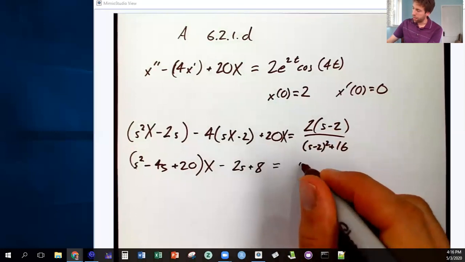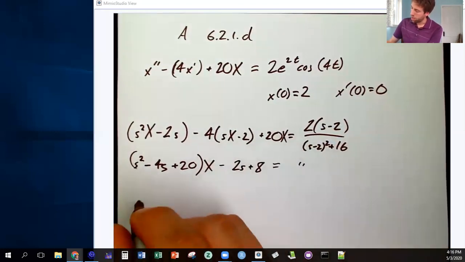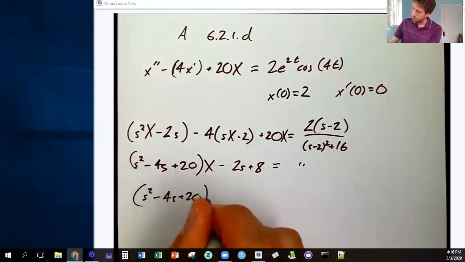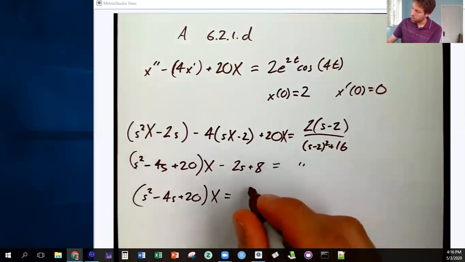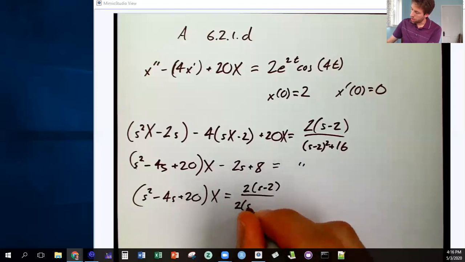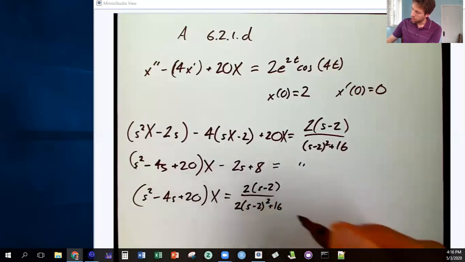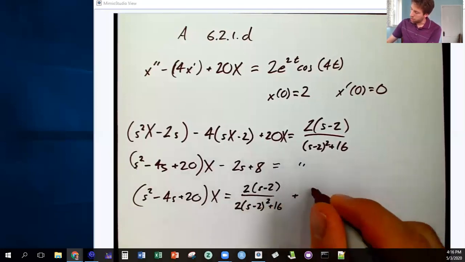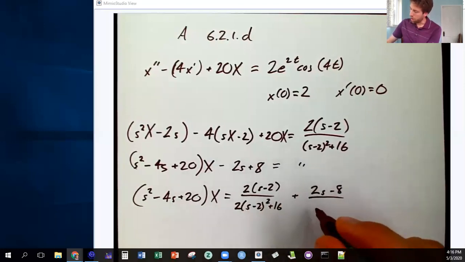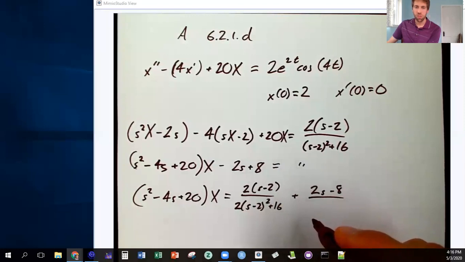Equals that. So then s squared minus 4s plus 20 times x equals 2 times s minus 2 over s minus 2 squared plus 16, plus 2s minus 8, and then find a common denominator. You know what? We'll just, wait a second.